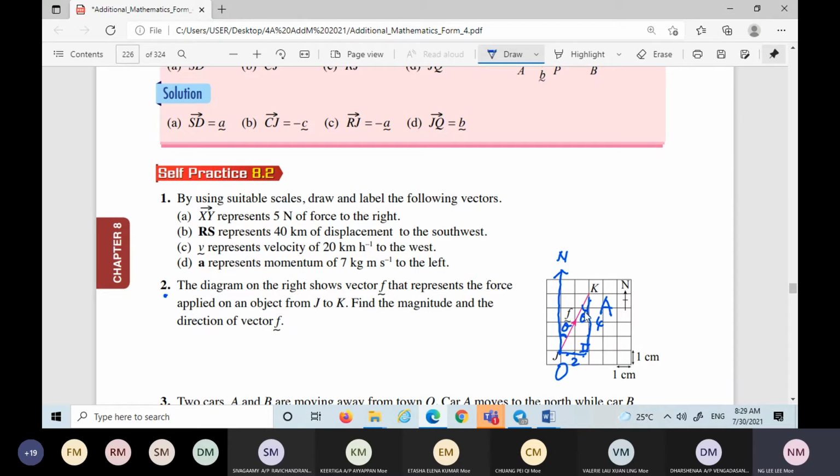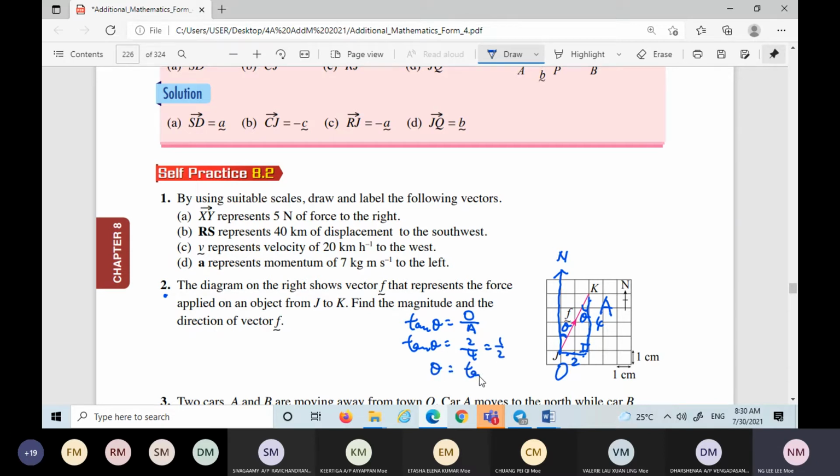If you forgot already, so far I think you use only tangent: tan theta is equal to opposite over adjacent. So tan theta is equal to opposite, here 2 units, over adjacent, here 4 units. 1 over 2.